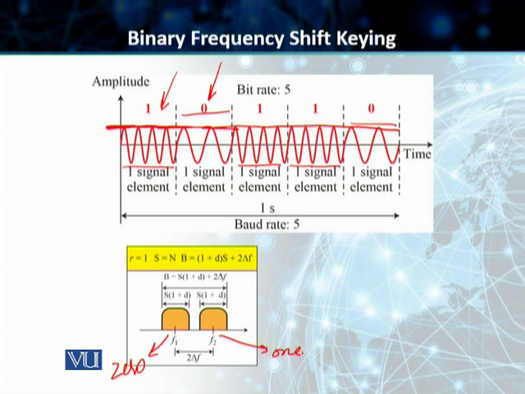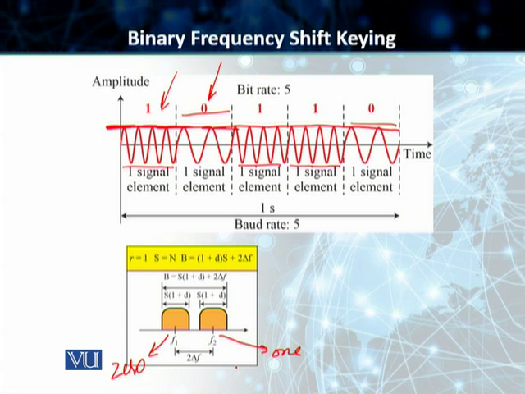Students, normally the carrier frequencies are not so small. Normally the carrier frequencies in real life, they are very high, and the difference between these 2 frequencies is pretty small. Students, the middle of these 2, if you take a delta F1, F2, then in this case the middle of one bandwidth is F1 and the middle of the other bandwidth is F2, and both F1 and F2 are delta F apart from the midpoints between the 2 bands.